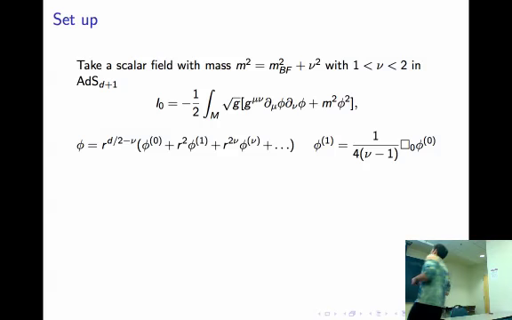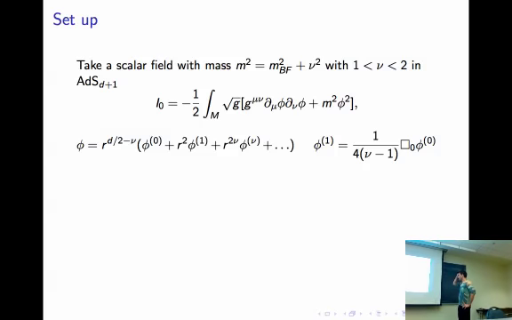In order to have a well-defined setup, you need to construct an action that is finite and stationary with those boundary conditions. The way to do that is to take your bulk action and supplement it with these boundary terms here. Let me emphasize the presence of this term, which is, in some sense, a kinetic boundary term.